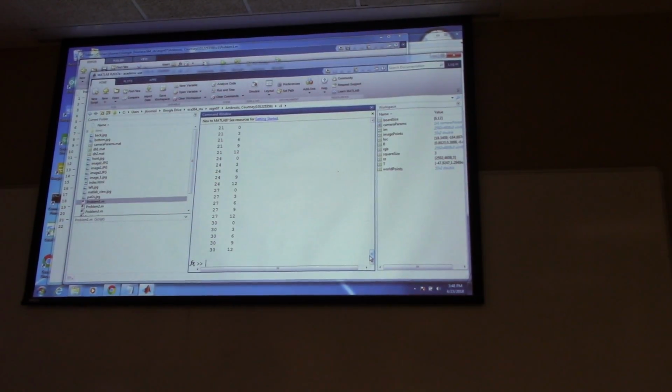Let's see if you have the image there. Which image should we try? I think it's image 2. All right, let's do that. Whoops, let's go.